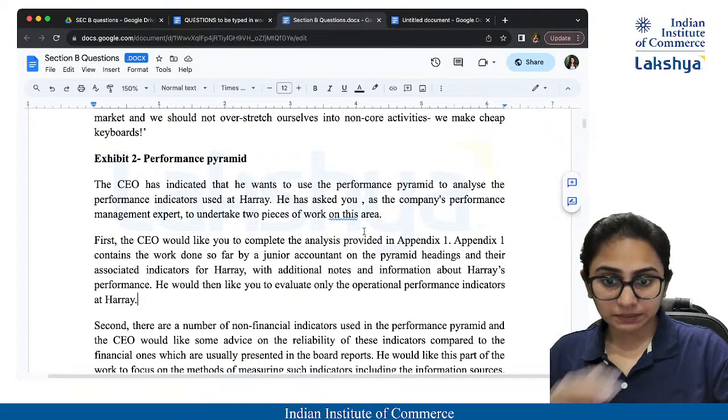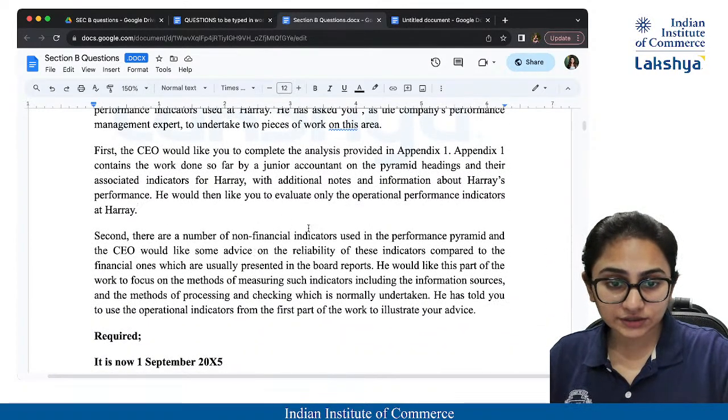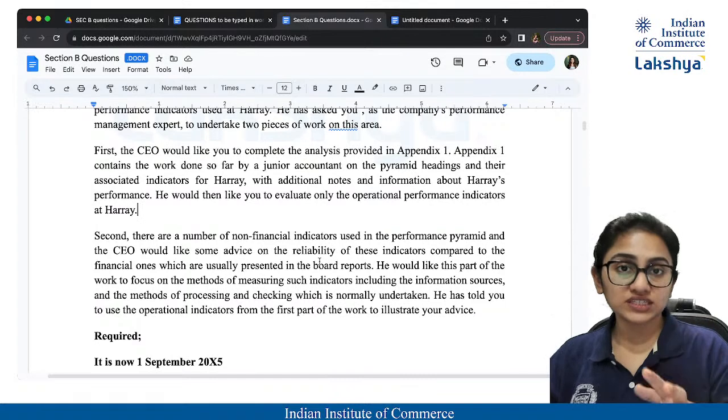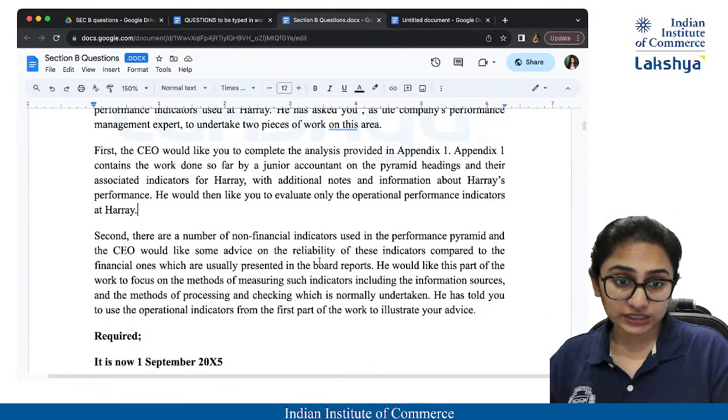Okay, now what does the B part say? Second, there are a number of non-financial indicators used in the performance pyramid, and the CEO would like some advice on the reliability of these indicators compared to the financial ones. Financial ones are the ones we've already discussed, that is the mathematical calculations. What about the non-financial indicators?